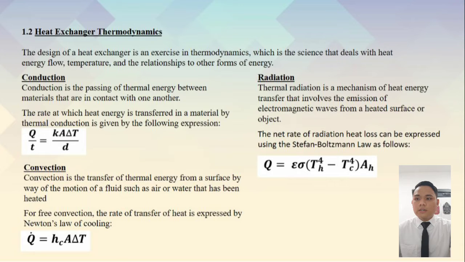And next, convection. Convection is the transfer of thermal energy from a surface by way of the motion of a fluid such as air or water that has been heated.